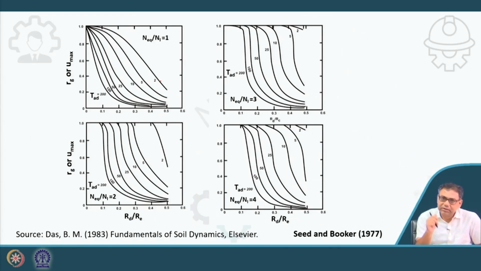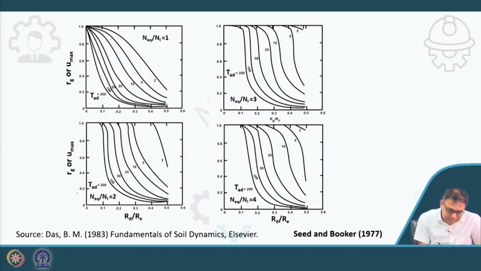The first one, liquefaction has just been initiated. The second one is also valid, because liquefaction will not occur as we are providing stone columns, which will dissipate the excess water pressure. In the third and fourth also we can do this. The x-axis is R_D by R_E, that is the radius of the drain divided by the radius of the equivalent influence zone.